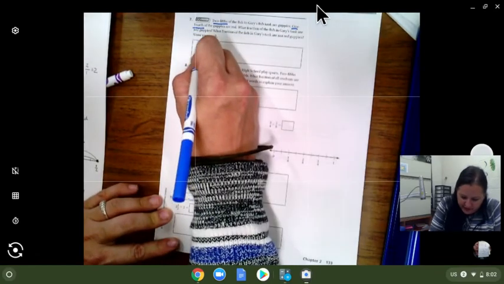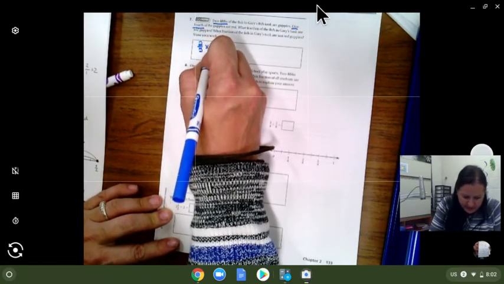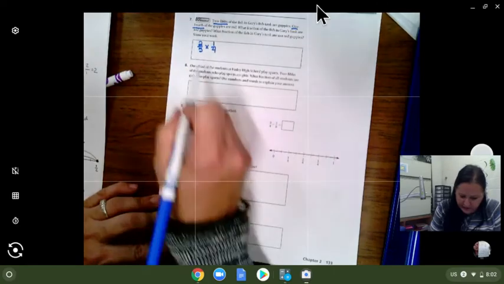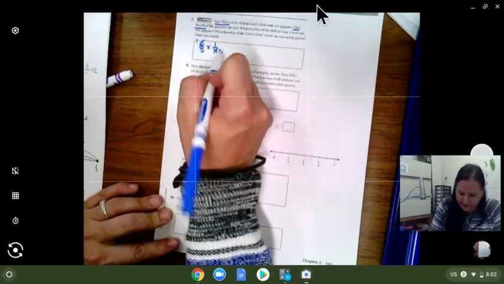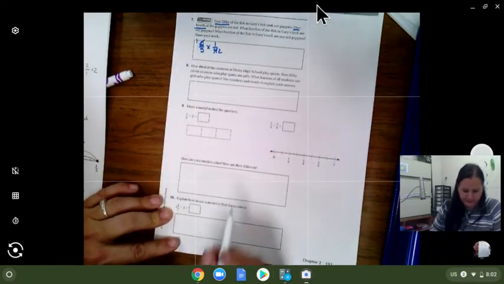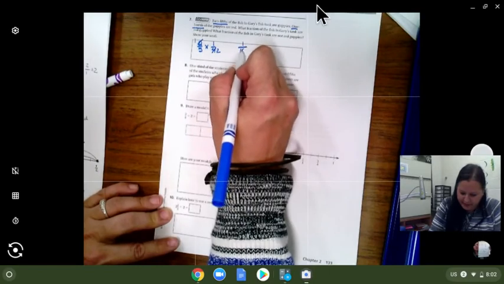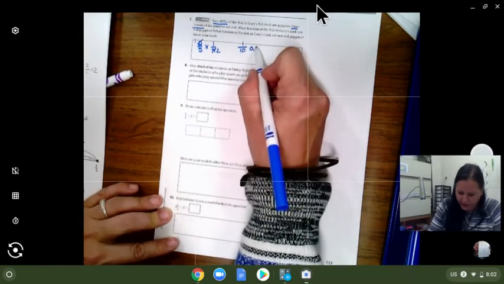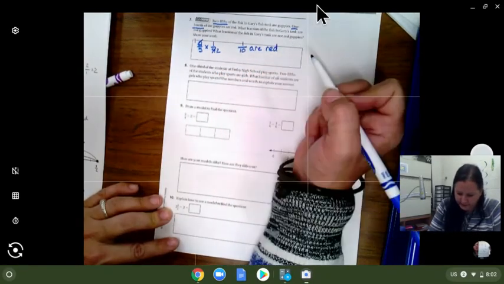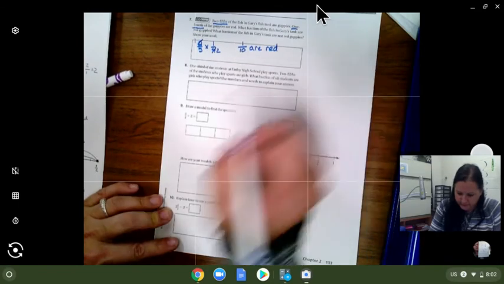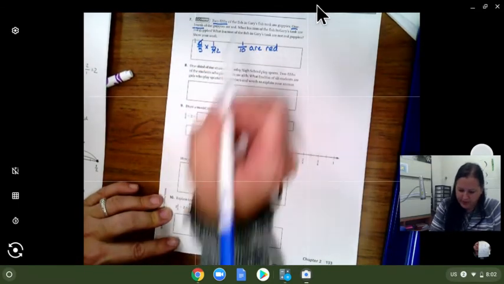So 2/5 times 1/4. And first we're going to look to see if we can simplify. And then we multiply across the top and the bottom, and so 1/10 are red.